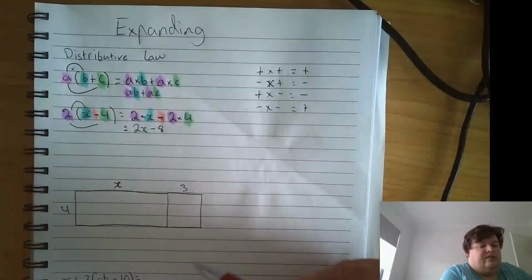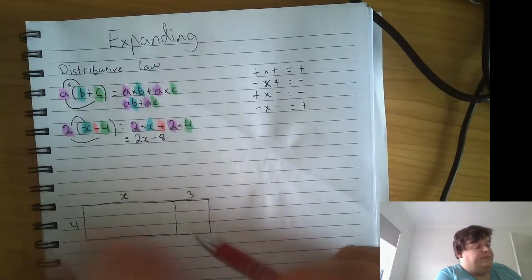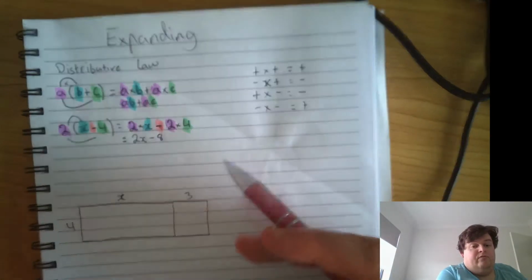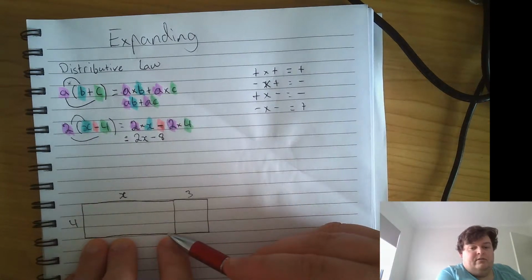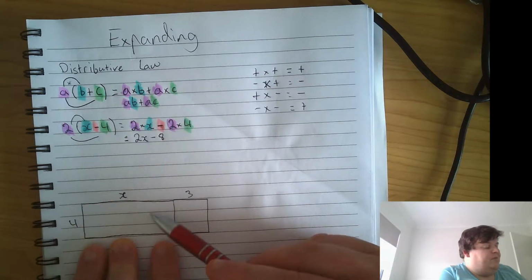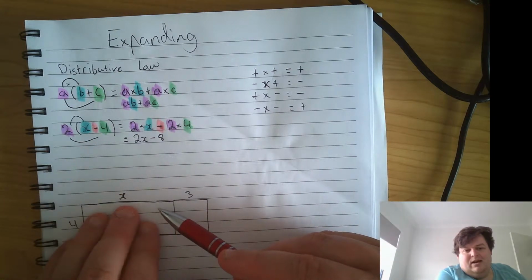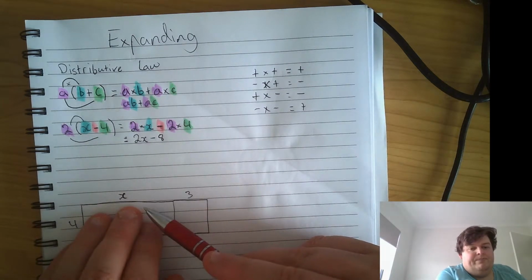Well, let's look at another possibility. I want you to pretend that this is a worded problem. I have a piece of lawn. Let's say that this is my backyard, and the measurements are 4 meters by something. I can't really remember what the long side is, so I've just written it in as an X at the moment.